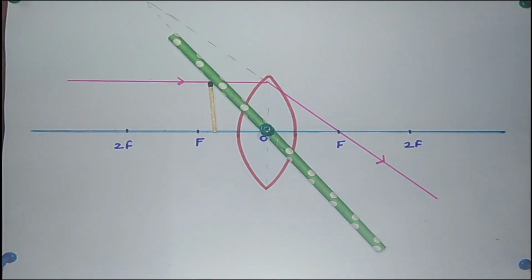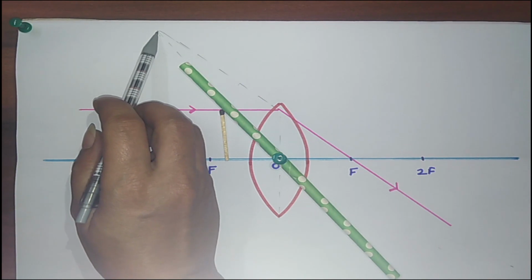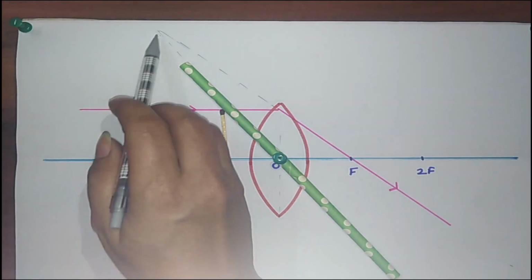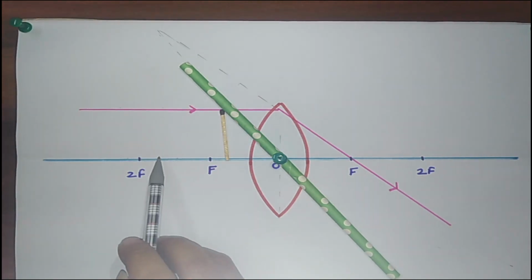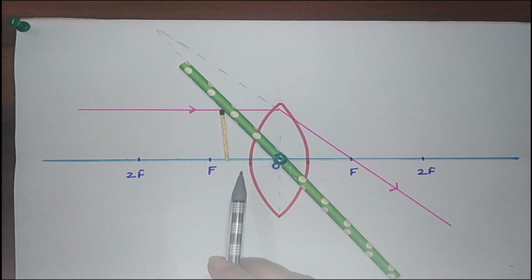And the two rays are meeting at this point. So starting from here till the principal axis will be the position of the image formed when the object is placed between point F and O.